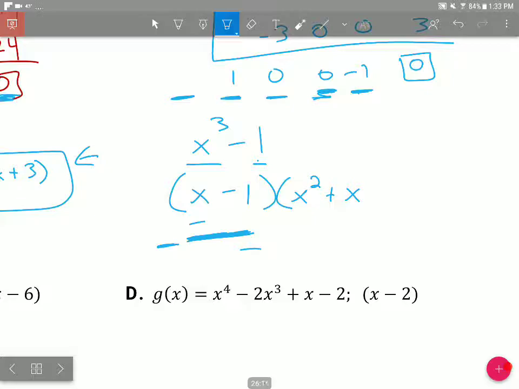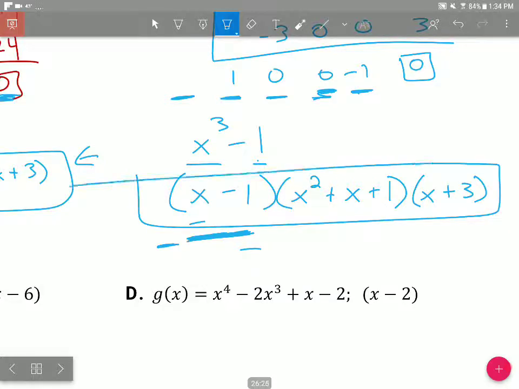Right? And then what's the back one? Negative 1 times negative 1 is? Positive 1. And then we'll drag down, what was it, x plus 3? I can't see it on my board. X plus 3. Yeah. That's your third term. And no, yeah, that has an x squared, but no, it can't go any further. All right, because nothing multiplies to 1 but also adds to 1 at the same time. Cool.